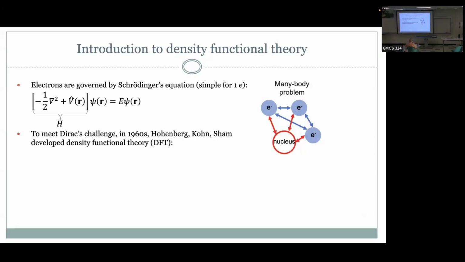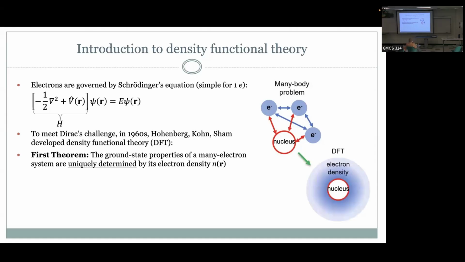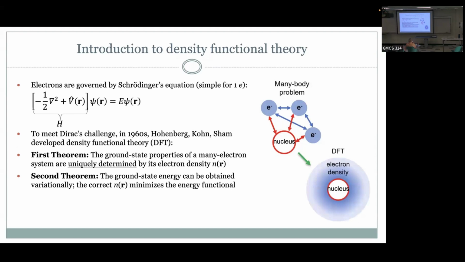What I focus on is the density functional theory, which was developed in the 1960s by Kohn and Sham. It essentially consists of two theorems. The first one says the ground state properties of a many electron system are uniquely determined by its electron density.